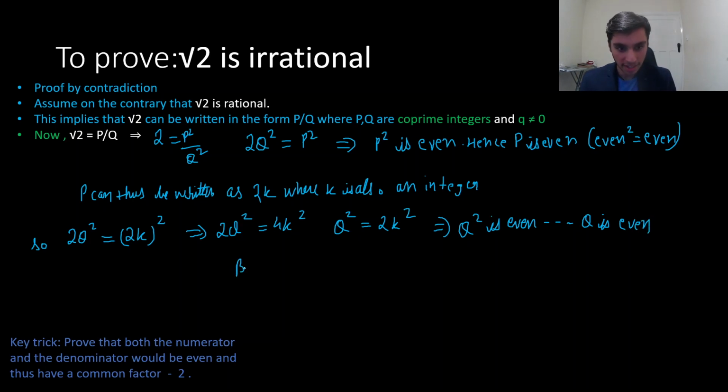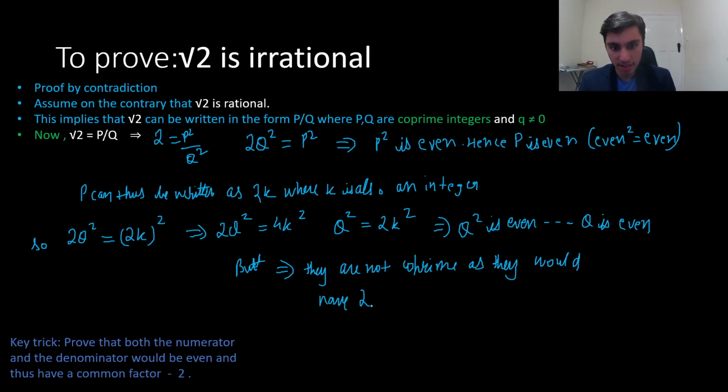But this implies they are not co-prime, as they would have 2 as a common factor.